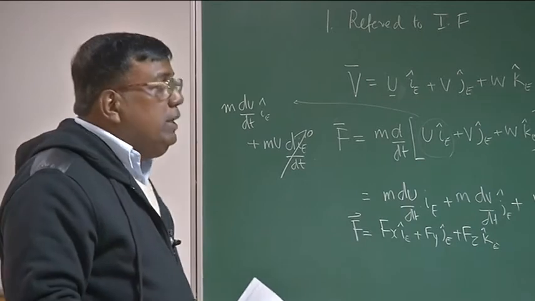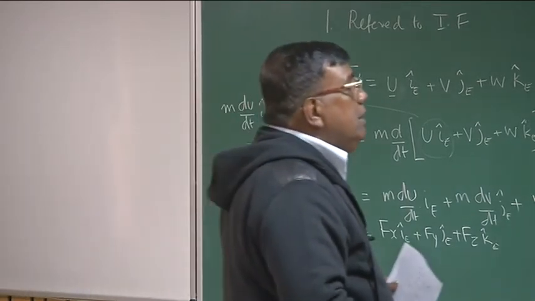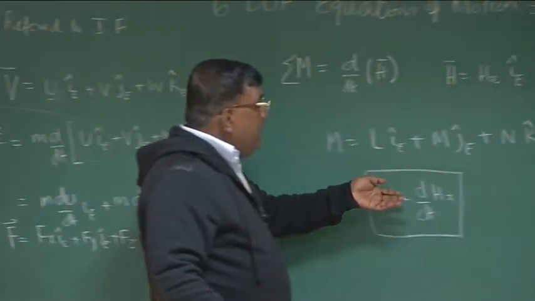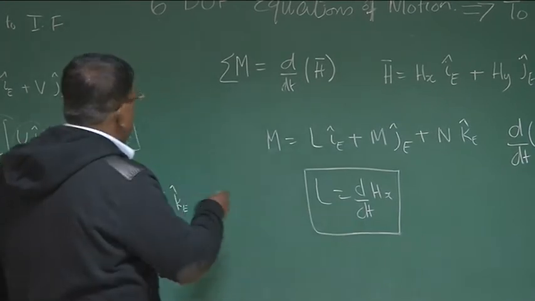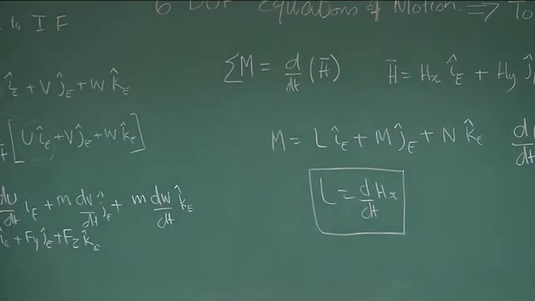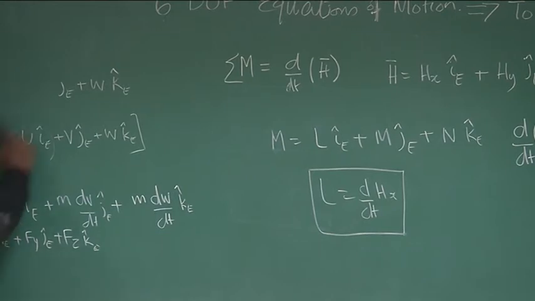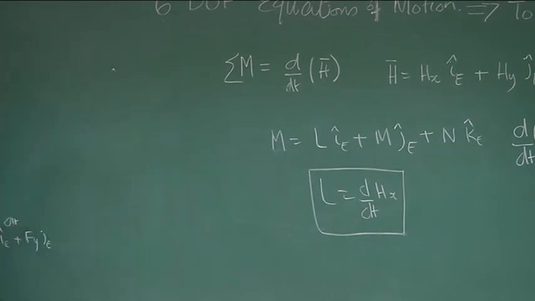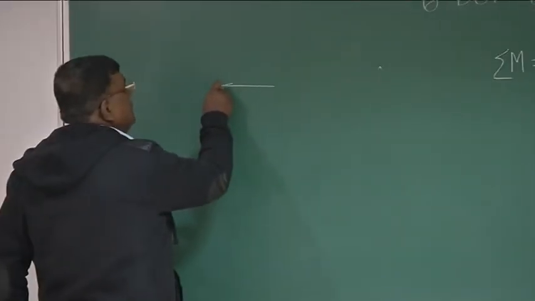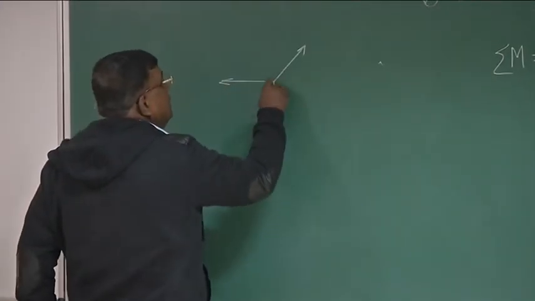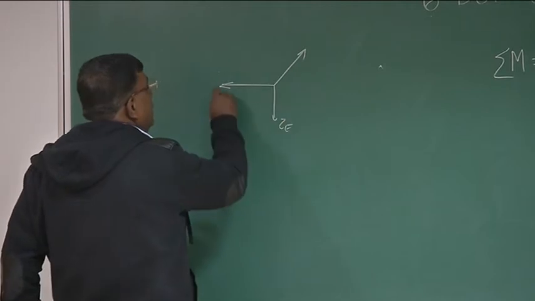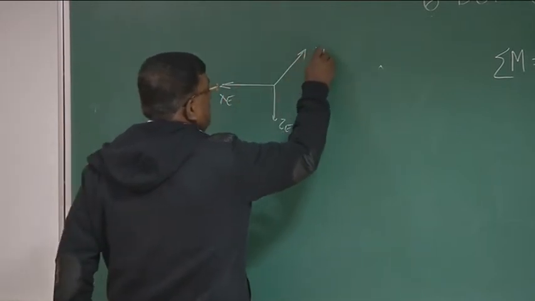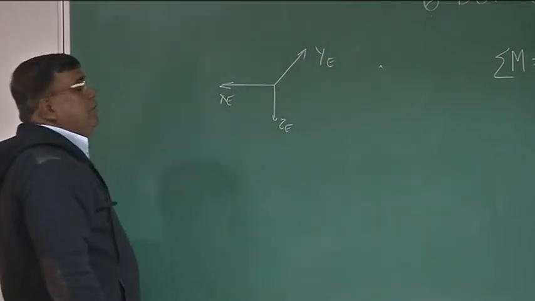Correct? So what is dHx by dt? This is the component along the x direction. Please try to understand the physics so that you are not lost in these terms. It is very simple: component along the x axis, this is y and this is z, since you are working with the earth fixed inertial frame.